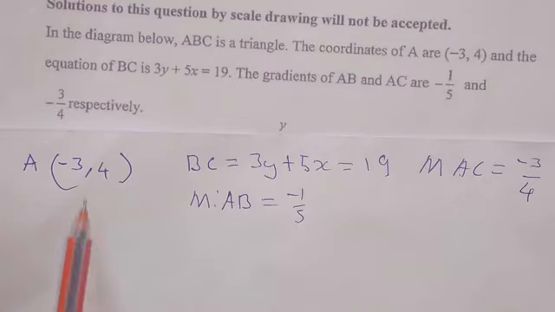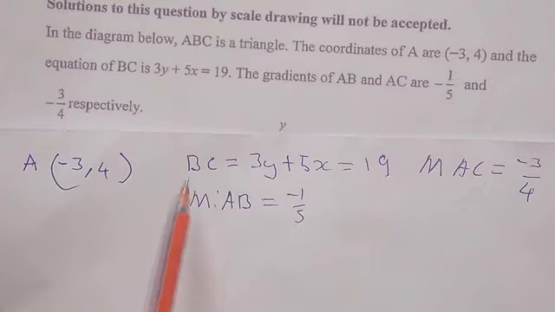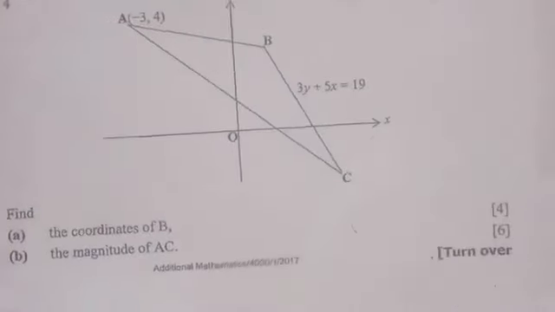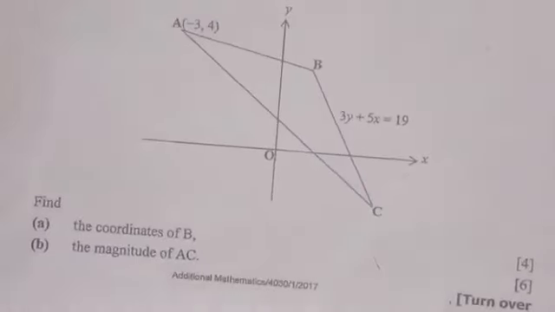So we have the coordinates of A, the equation BC, the gradient of AC, and the gradient of AB. Let's now proceed with answering. This is the diagram they were talking about.